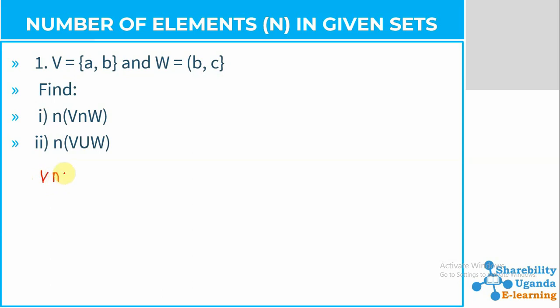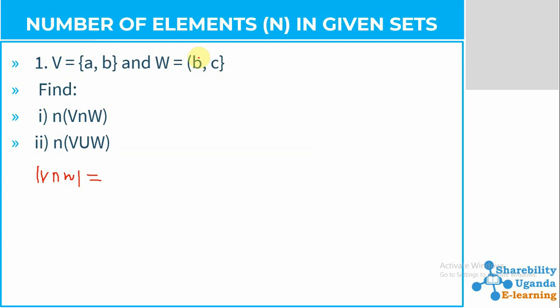V intersection W is equal to those elements that are common in both sets. So let us identify which members are common.